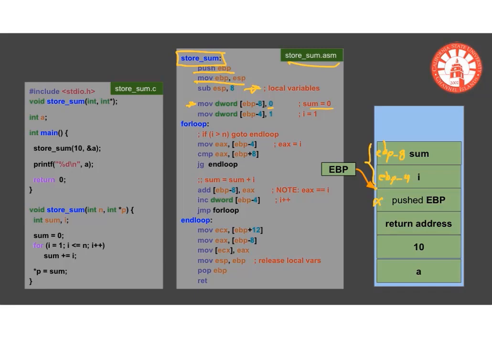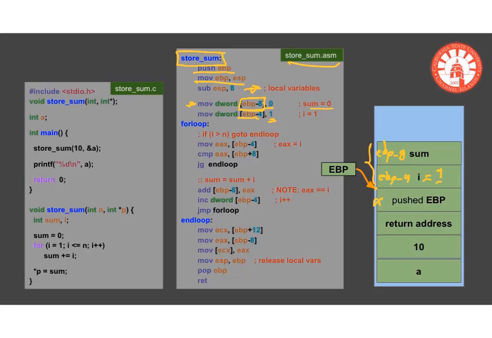So once we say EBP minus 8, 0, it means initialize this location on the stack with the value of 0. And then we say EBP minus 4, 1, meaning move the value of 1 into our i location in the stack.